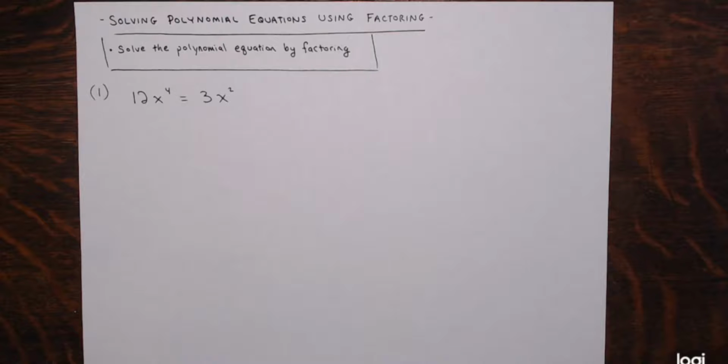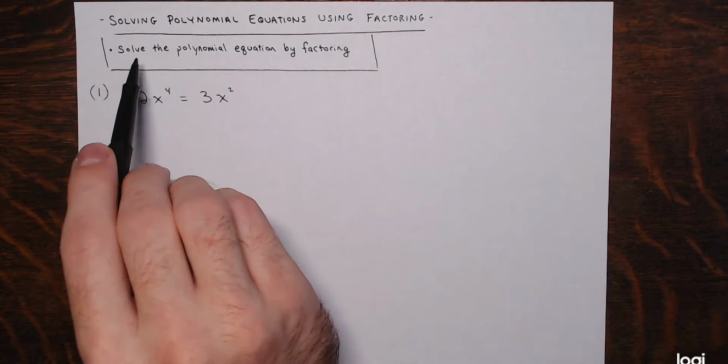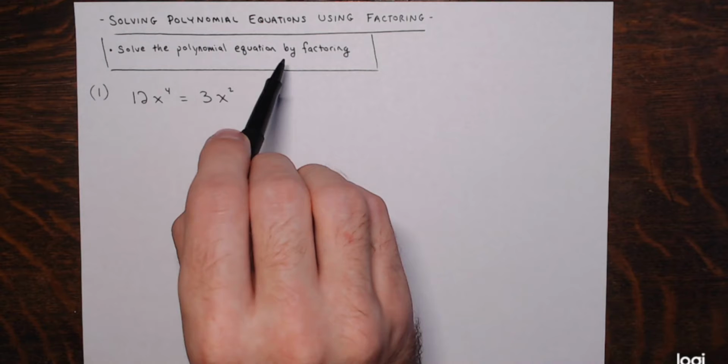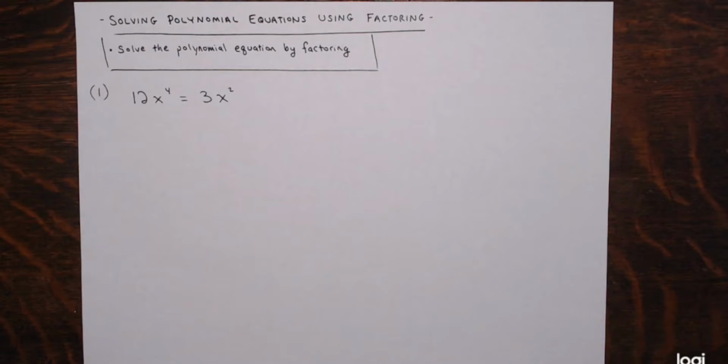Alright, so each example I have written out on paper, and all we're asked to do is solve the polynomial equation by factoring. And I've put out a video before on solving quadratic equations by factoring, right? And the quadratic equation is a type of polynomial equation.